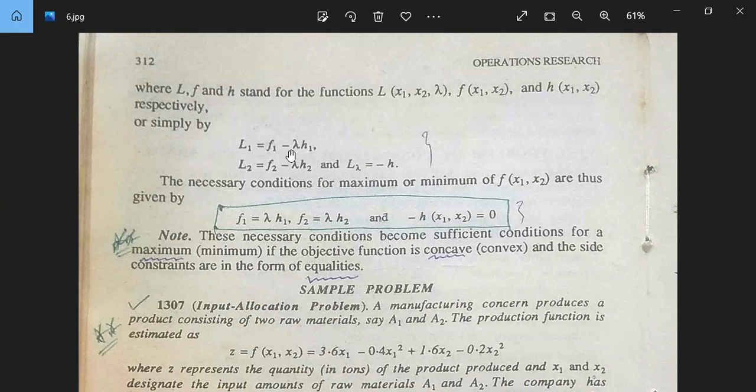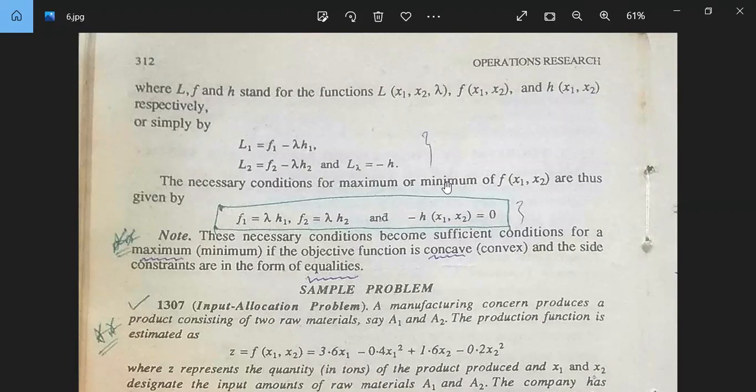Simply, L1 will be f1 minus lambda h1, L2 means f2 minus lambda h2, and L lambda is minus h. L1 means differentiation of L with respect to x1 and L2 means differentiation of L with respect to x2, and both are partial differentiation.